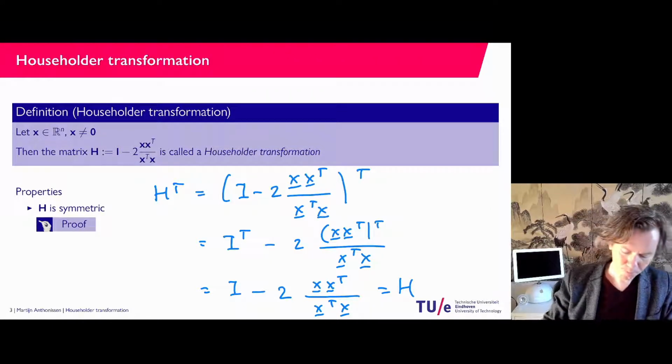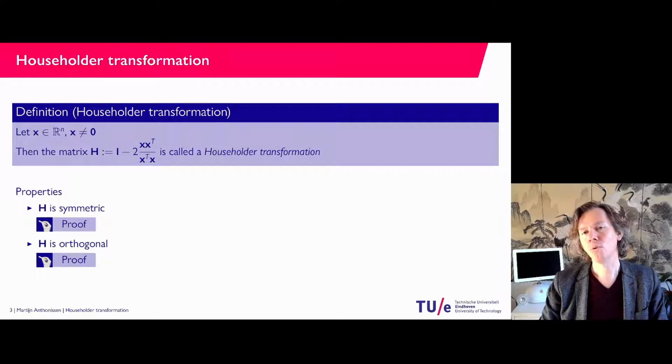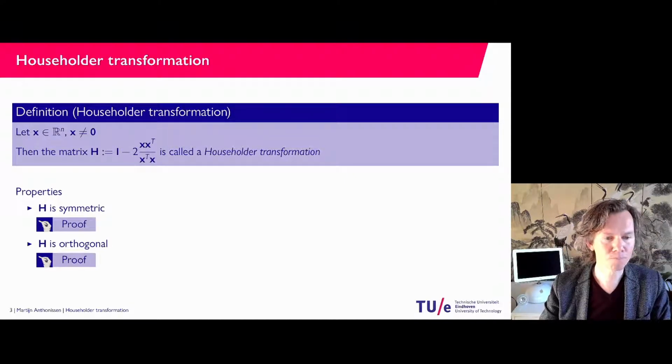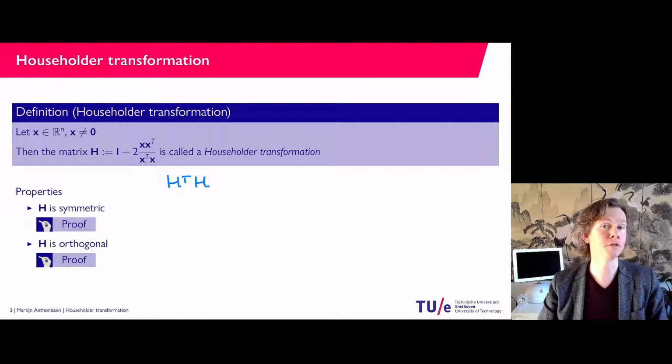Next, it is orthogonal. So what do we need to check to see if a matrix is orthogonal? Well, the columns form an orthonormal system. We have seen that before. But the easiest way is to verify that the transpose of H is the inverse. So what we need to show is that H transpose times H equals the identity matrix.